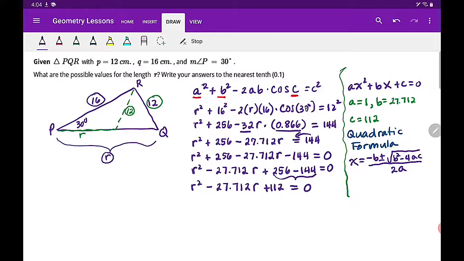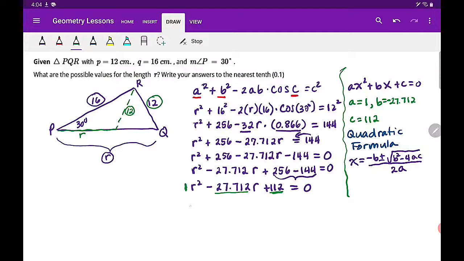That's what we're going to use. So our a is 1. Our b is negative 27.712, 27.712 is going to be negative right here. And our c is 112. So instead of x, we have r.